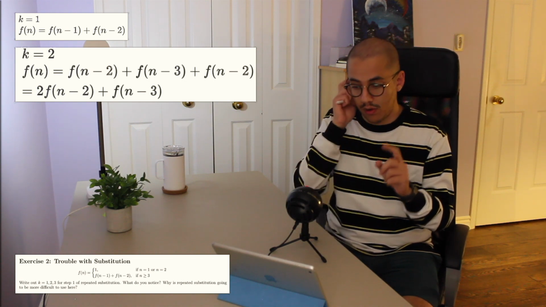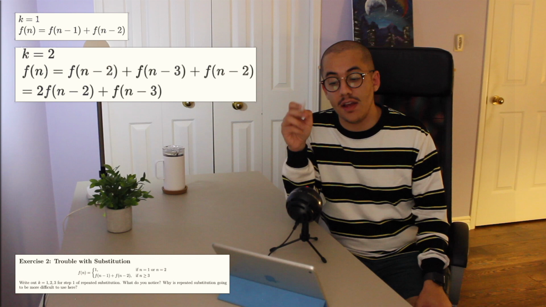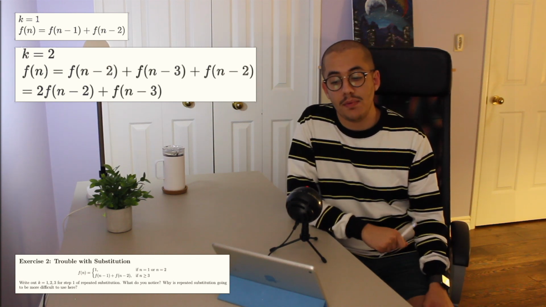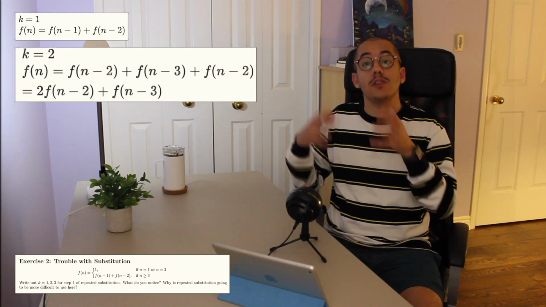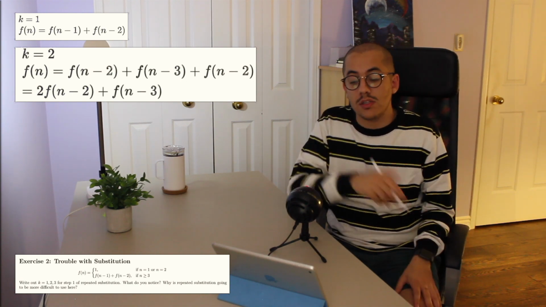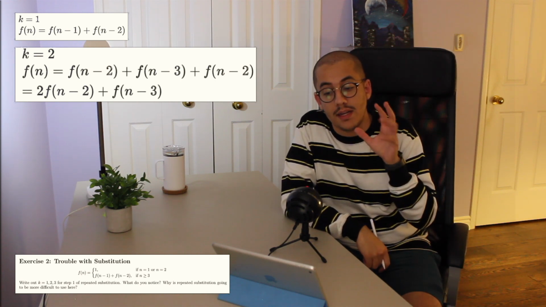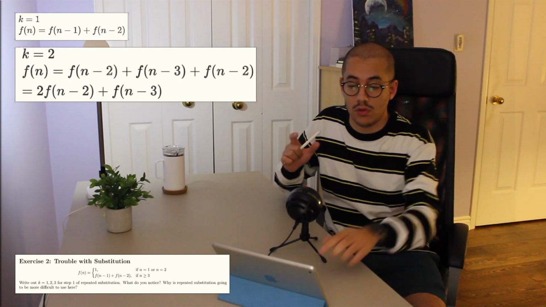If I do the first one, which is fn minus 1, what's going to end up happening is that it's going to be fn minus 2 plus fn minus 3 plus fn minus 2 from the previous term. It gets carried down, and when you do the summation, it's going to equal 2 fn minus 2 plus fn minus 3. And that's going to be for our k equals 2.